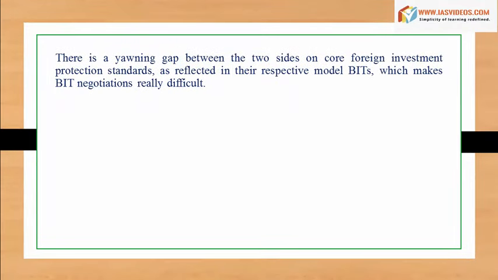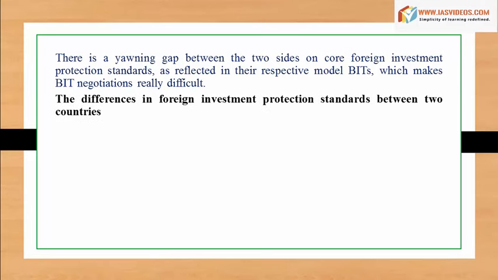There is a yawning gap between the two sides on core foreign investment protection standards, as reflected in their respective model BITs, which makes BIT negotiations really difficult. The differences in foreign investment protection standards between the two countries are as follows.